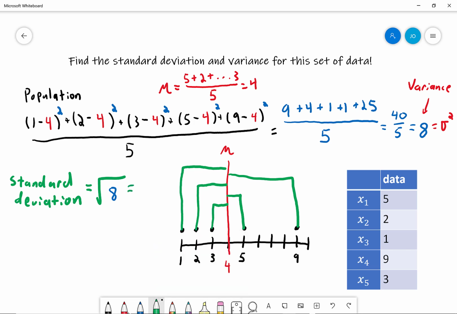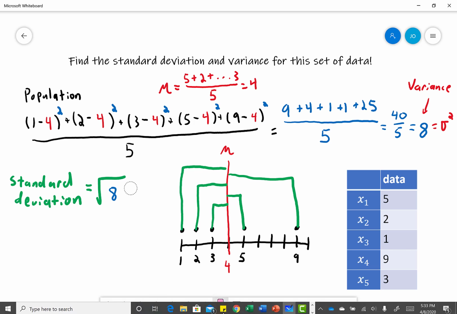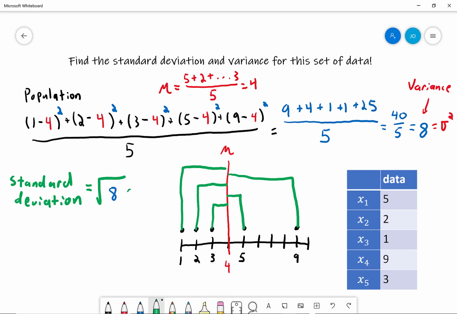And if we were to do this out, we approximately end up with the value 2.83. And we denote this as sigma. We undid the squaring of the variance. So 2.83 measures the average distance an observation is from the mean.